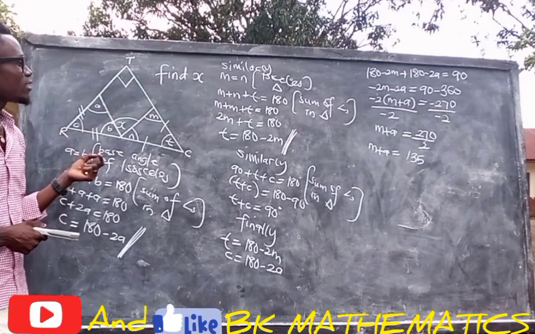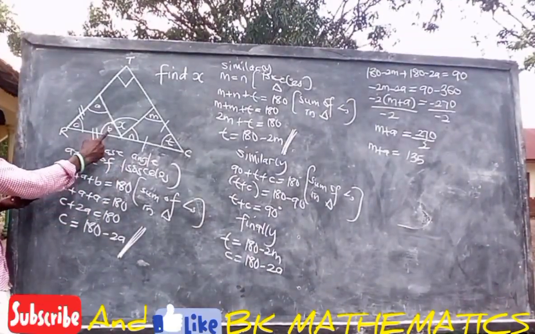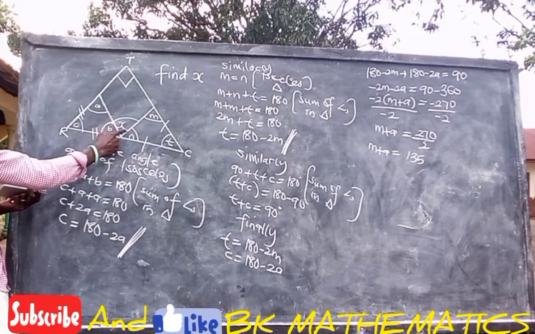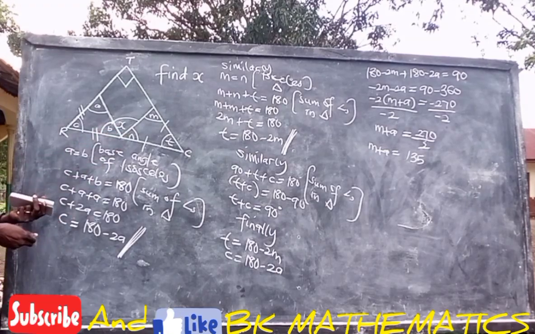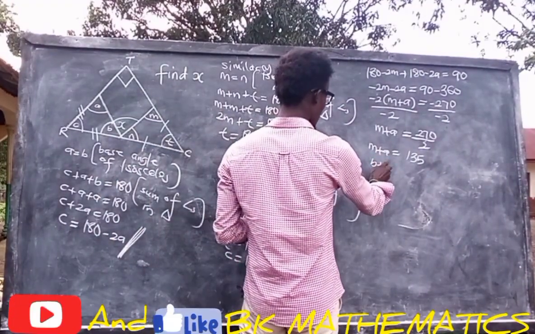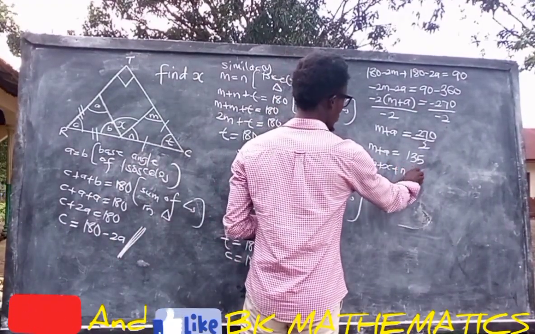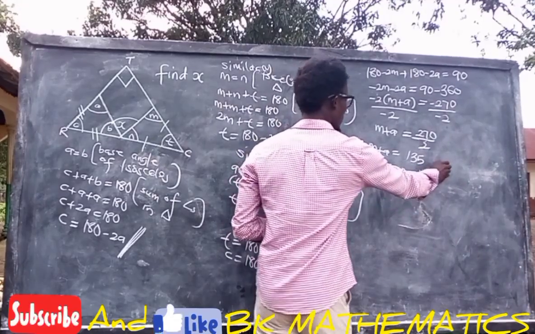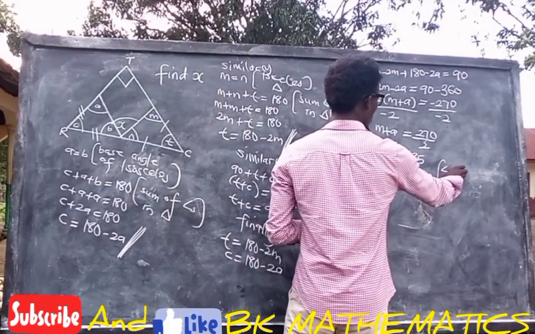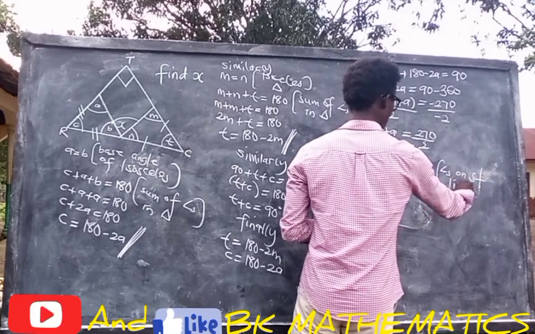Now if you want to find the value of x, it's very simple from this point. Remember, if you're adding b plus x plus n, it equals 180 degrees. You say b plus x plus n, everything becomes 180 degrees. The reason being, angles on a straight line.